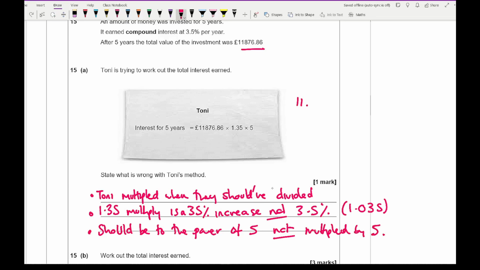You could also say how they probably should have done it. Well, they've not actually worked it out correctly, but in terms of the interest for the 5 years, let me just delete it all. So what they should have done is 11,876.86 divided by 1.035 to the power of 5, and then that would have given the original amount.